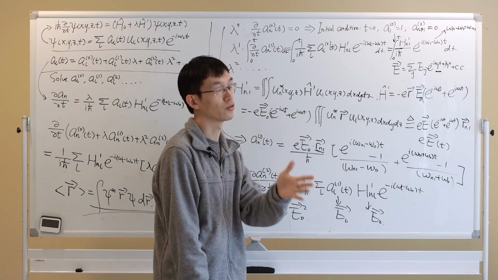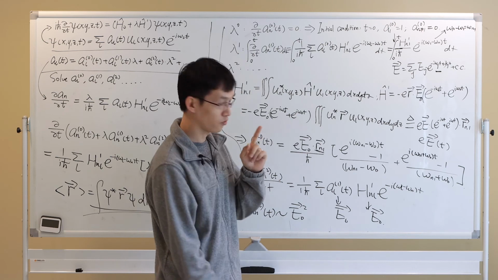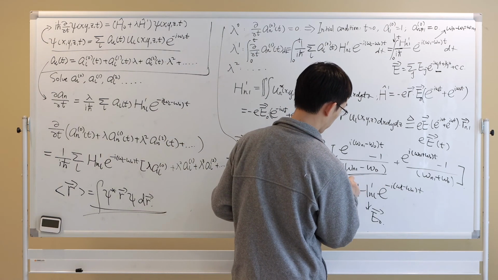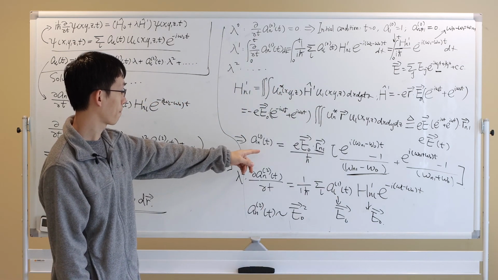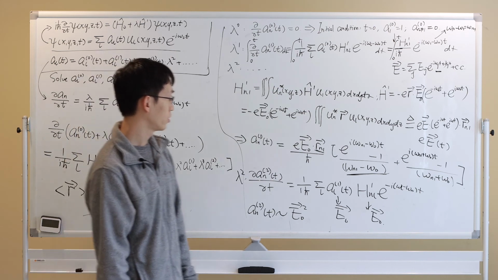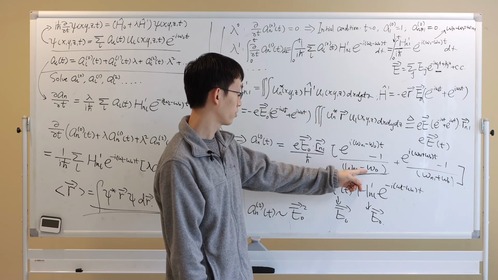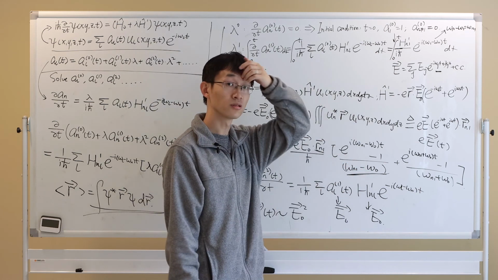You can simply look for different materials. For a given material, the thing that can really explode your nonlinear coefficient is this term. If omega naught equals omega n1, then this term blows up to infinity.